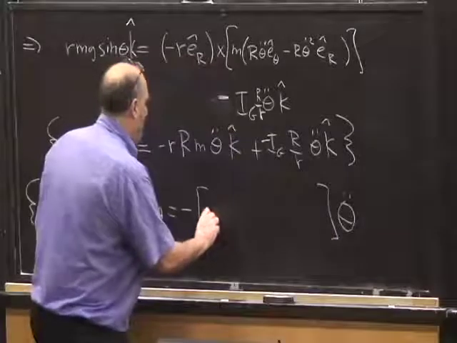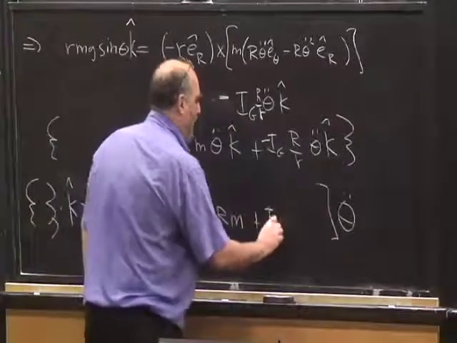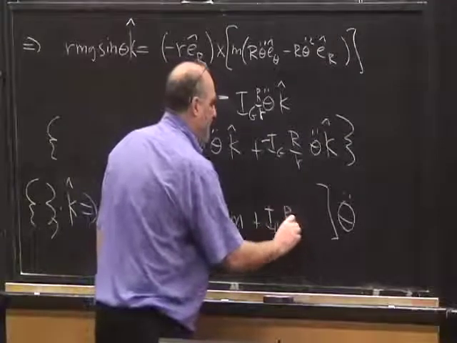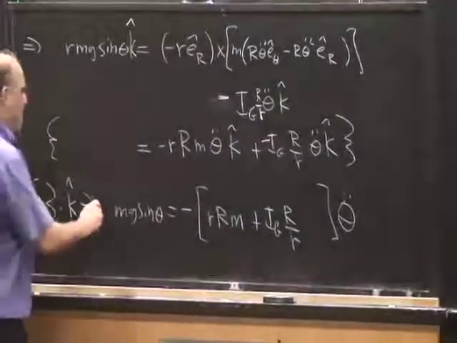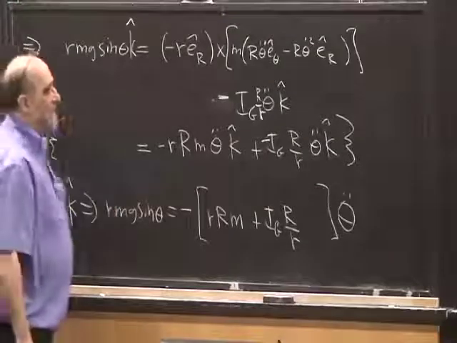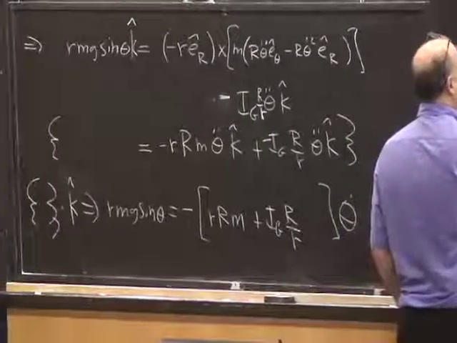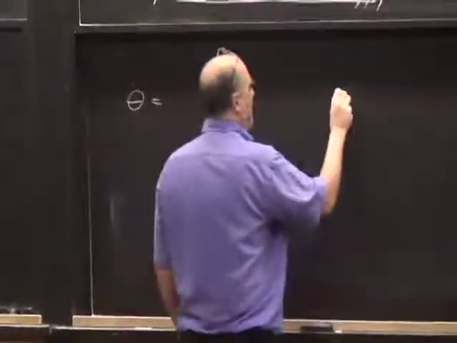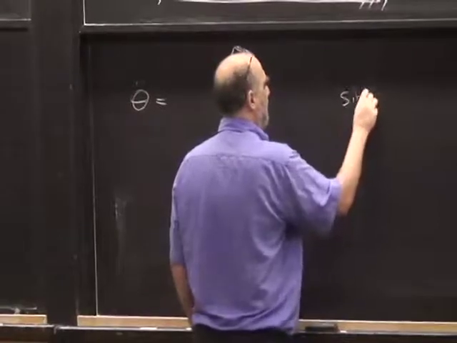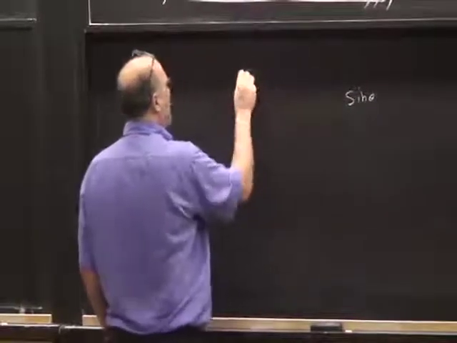It's this R, R, M plus I_G, R over R, and there's a little r over here. And if we want to go a step further than this, we can go theta double dot is equal to something times sine theta. In fact, it's something times g sine theta.